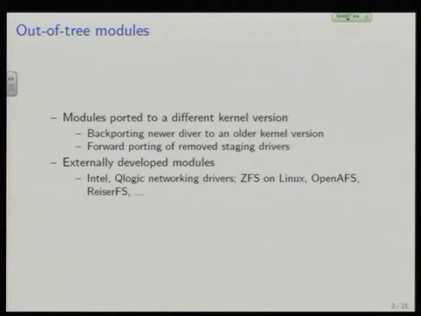Usually kernel modules are bundled with the kernel itself and maintained along with the kernel. But sometimes there is a need to build a kernel module which is not included in the kernel tree.